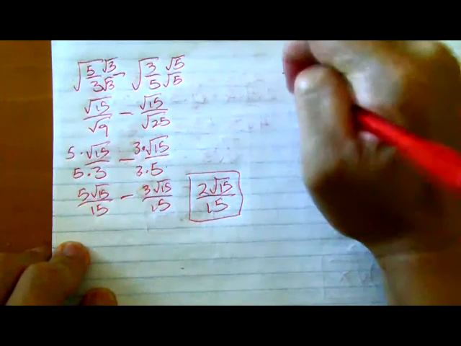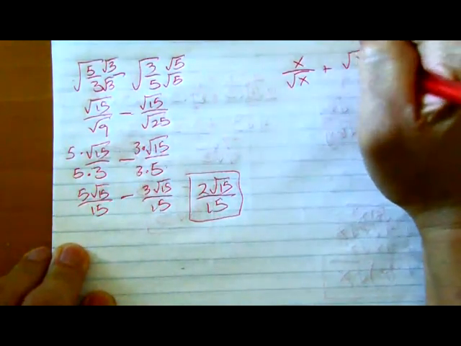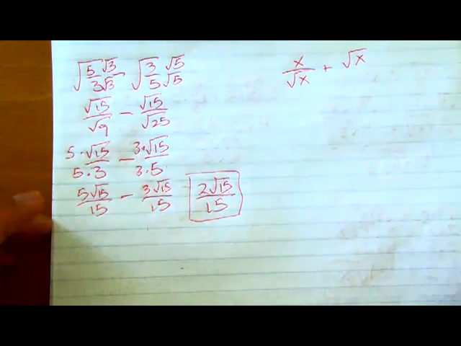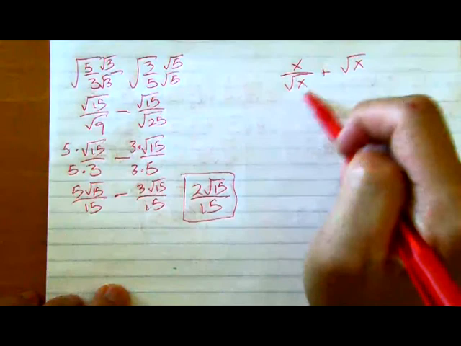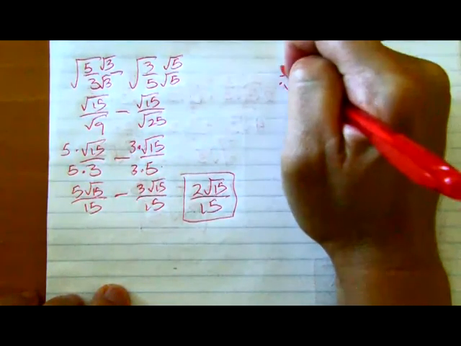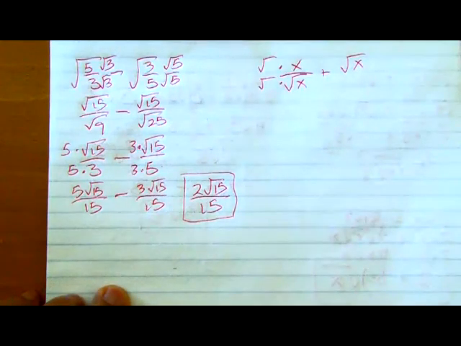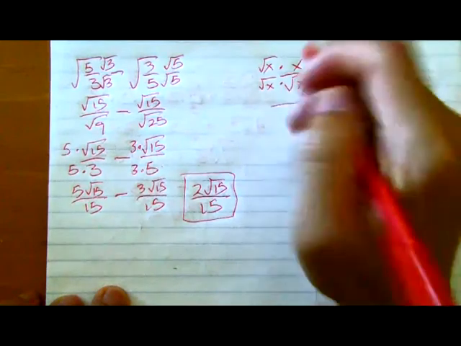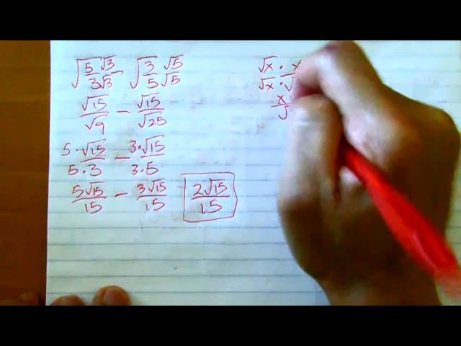All letters. Where should we start? Okay, we can't have a radical in the denominator. We need to rationalize. Multiply top and bottom by radical x. This is radical x squared now. On the top, you have x radical x.